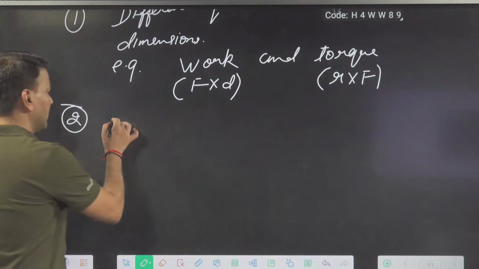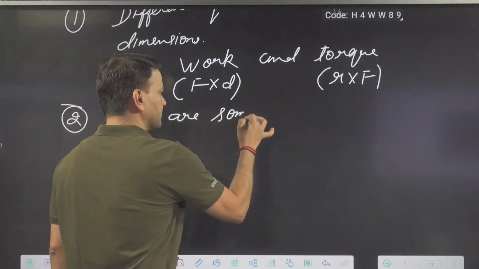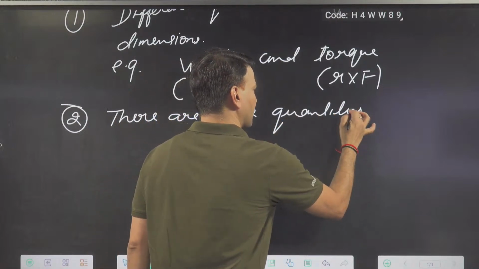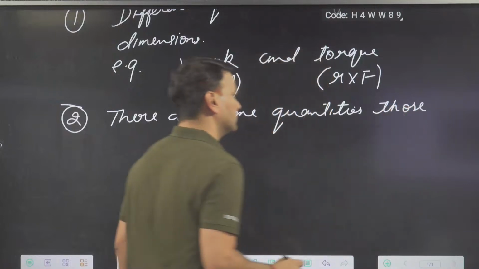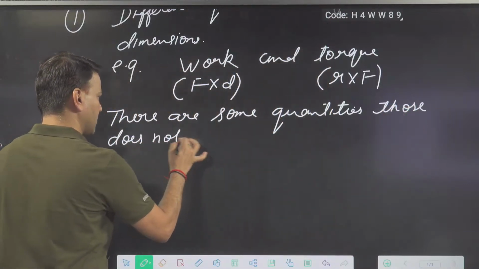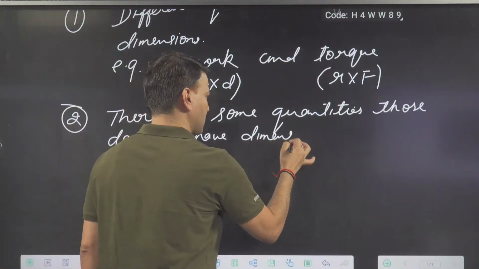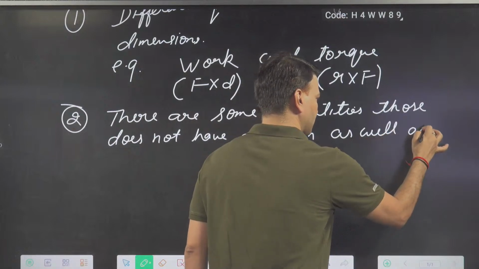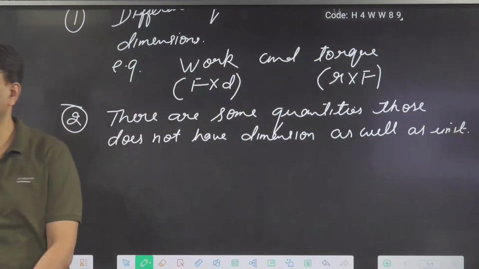Number 2, there are some quantities that do not have dimension as well as unit.